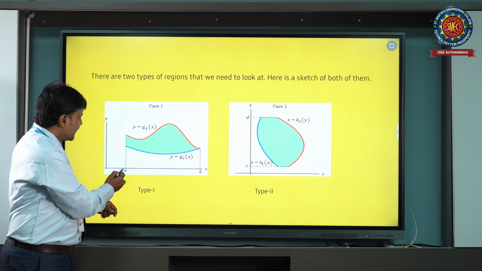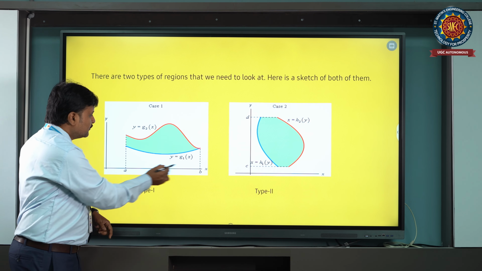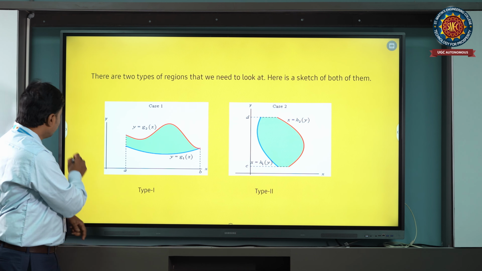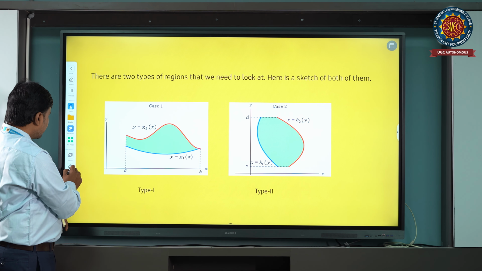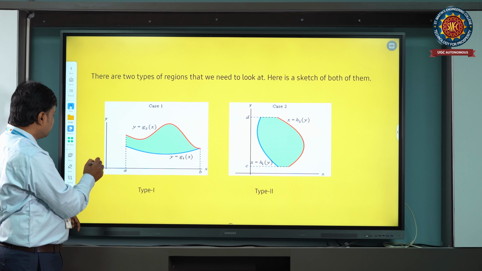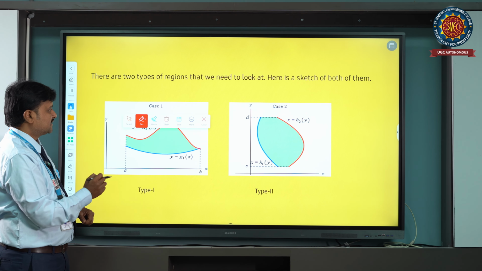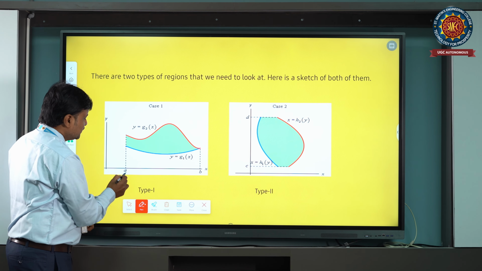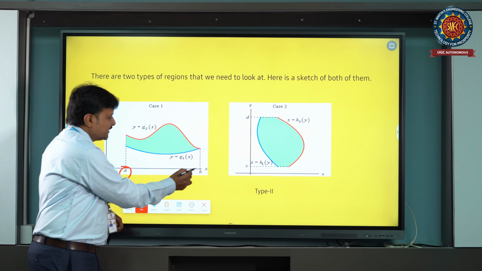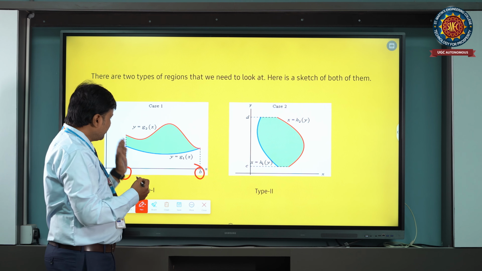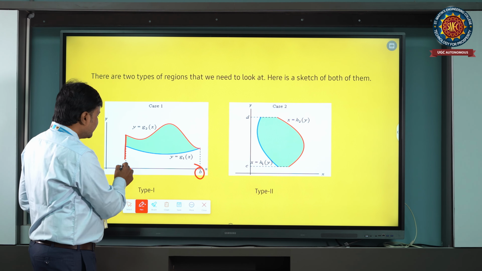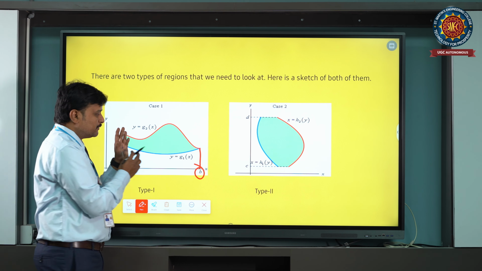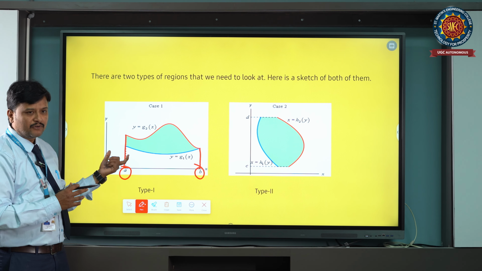You can see here x is equal to a and x is equal to b. The region which is existing between two vertical lines, x is equal to a and x is equal to b. This type of region is called a type 1 region.